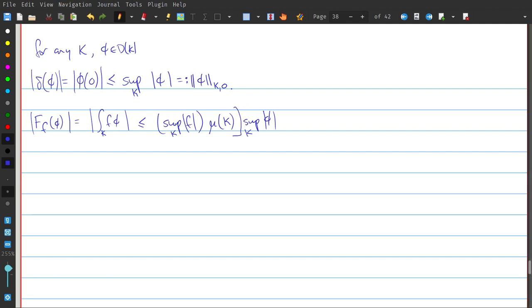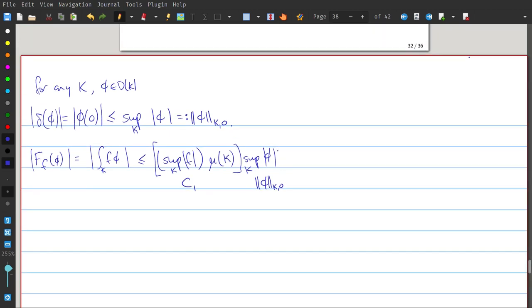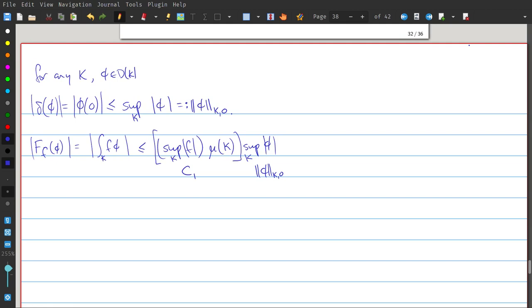So here you have your constant, and here you have just the 0th K semi-norm of phi again. Okay, so that's also an example of how you prove that distributions of this form also have this continuity condition.